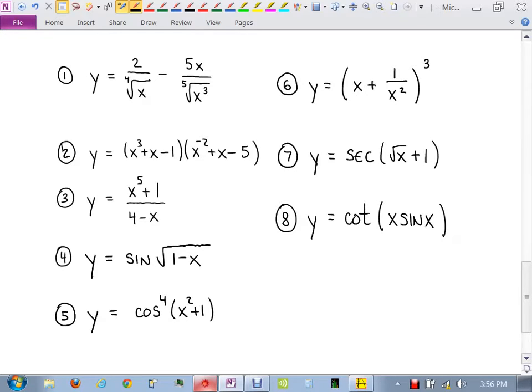There's 8 problems. It's a good little problem set. There's a bit of product, quotient, and chain in there. So see how you do.